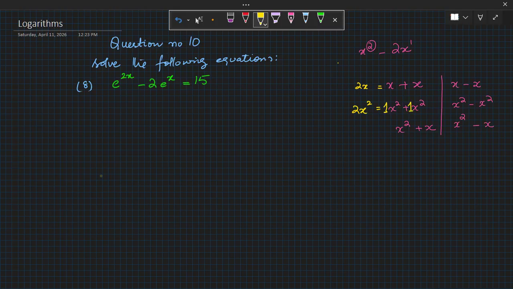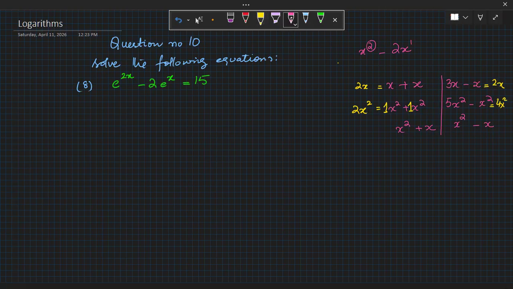What if I write 3x here? Your answer would be 3x minus x, which is 2x. Is this clear? And if I put 5x square, your answer would be 4x square.